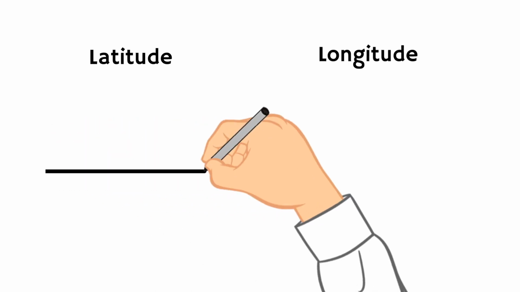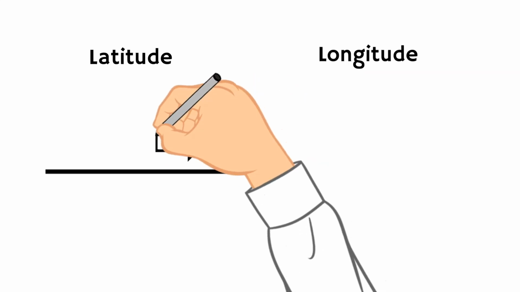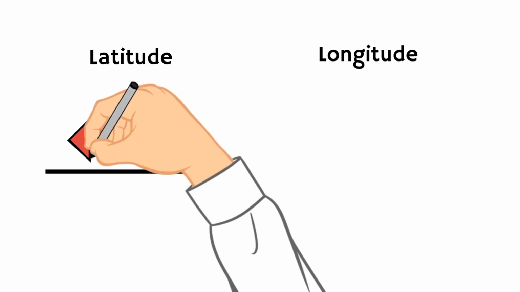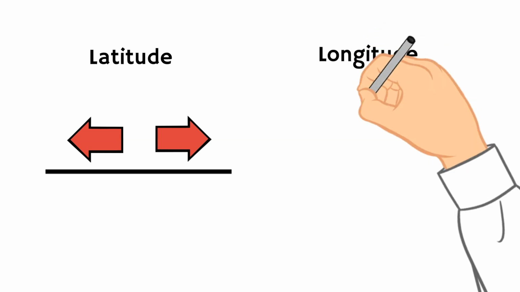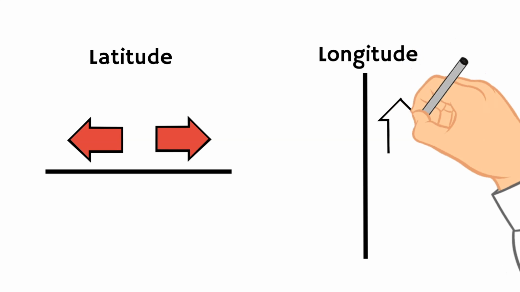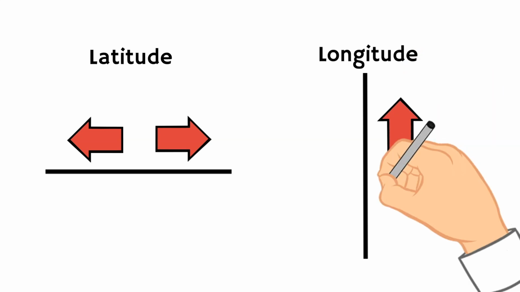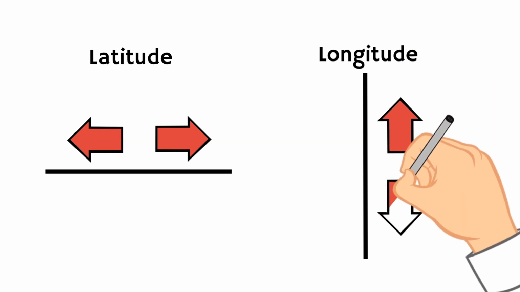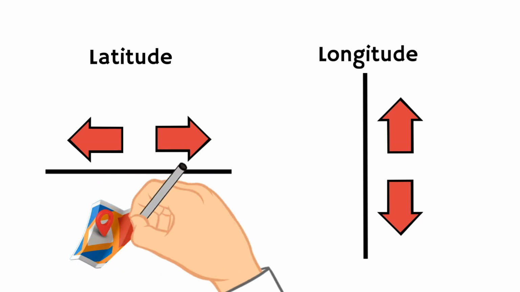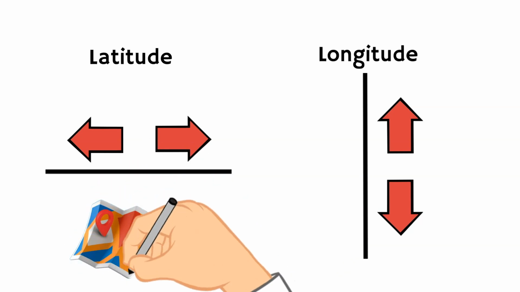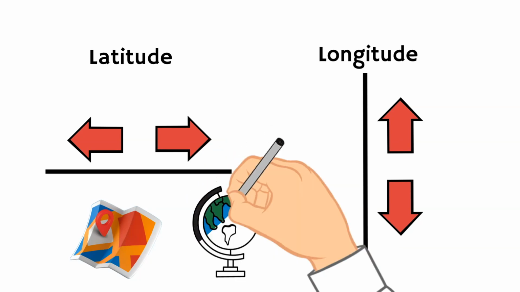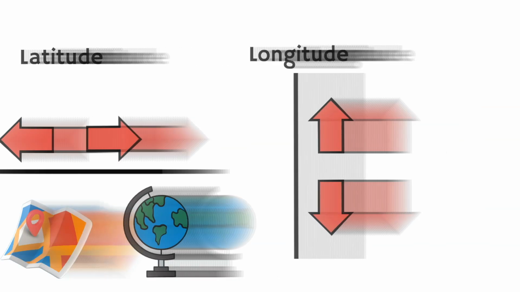Lines of latitude run in an east to west direction across the Earth, and lines of longitude run in a north to south direction. These are only imaginary lines, not real lines located on the Earth, on maps and globes that are used to describe where something is.